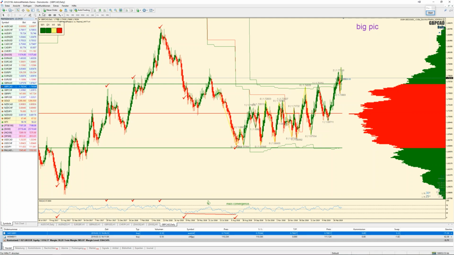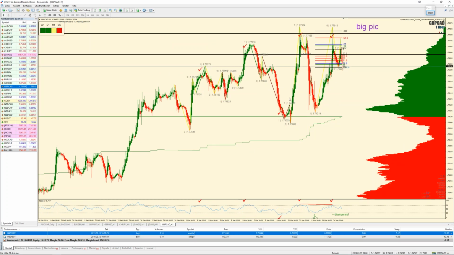We still have this resistance here, and if we cannot continue this trend, I guess we will see lower prices. But it's dangerous. We have to wait if the Brexit decisions will pass us by, and then we have to wait for a short trade.